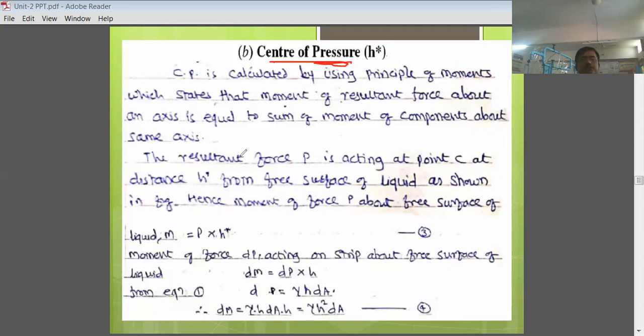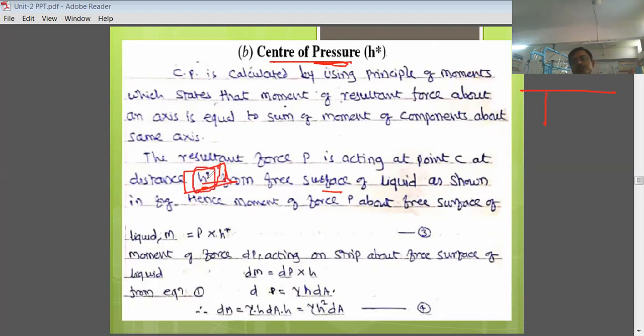Let us understand it. The resultant force P is acting at the point C at distance h star from the free surface, right? At what distance from the free surface this h star acts. So we are interested in finding the equation for this h star.